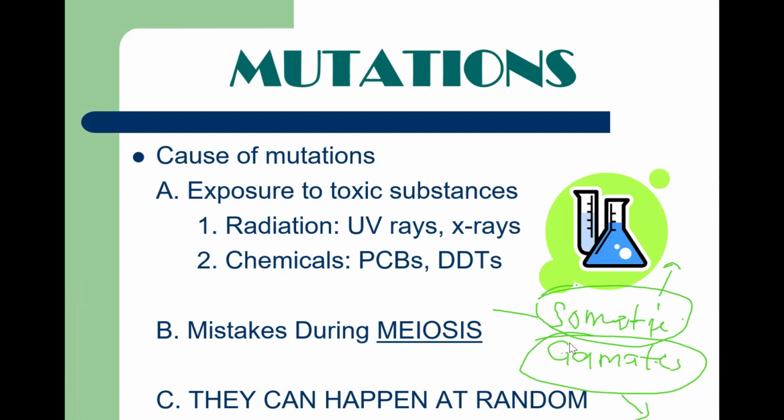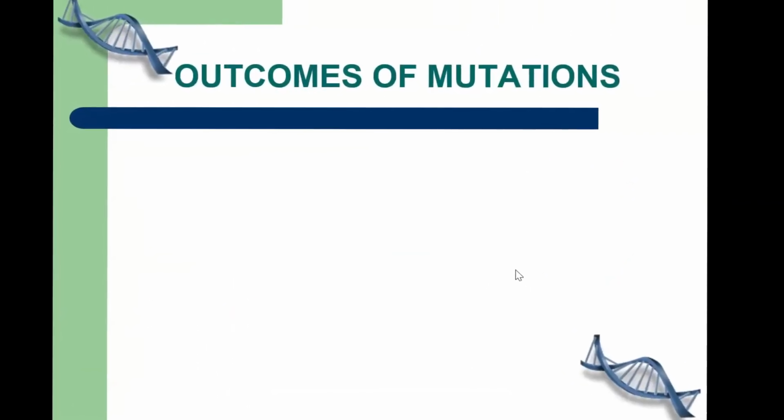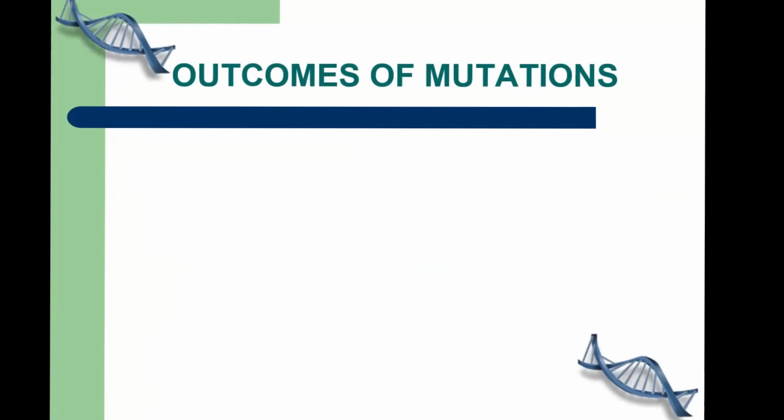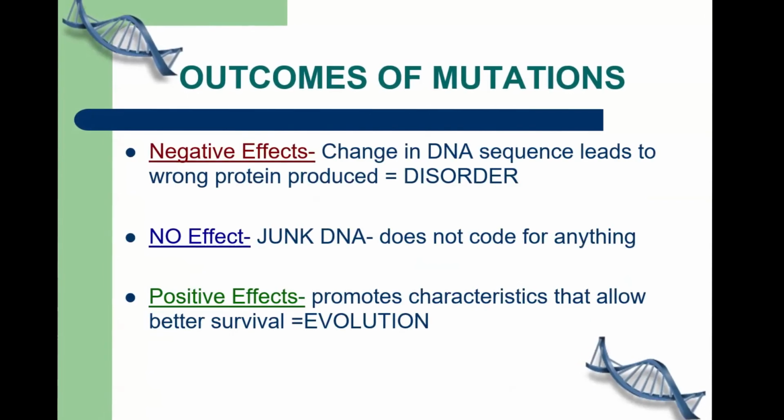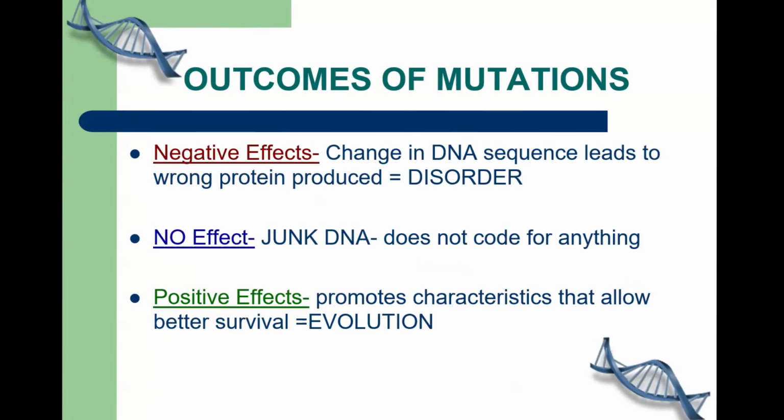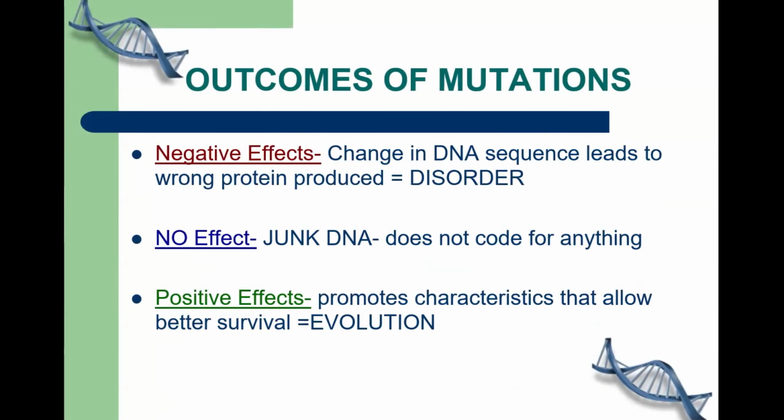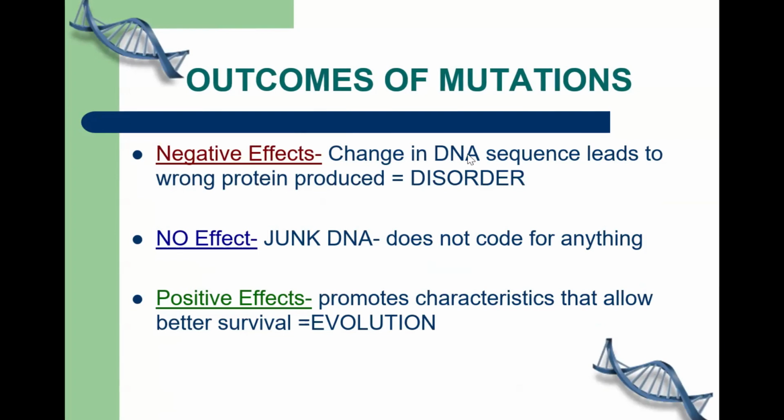The next thing we are going to look at is the outcome of mutation. If these mutations occur, what are the outcomes? The mutation can have a negative effect. For example, a change in the DNA sequence can lead to the wrong protein being produced.